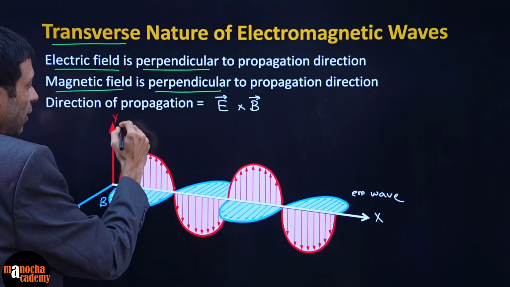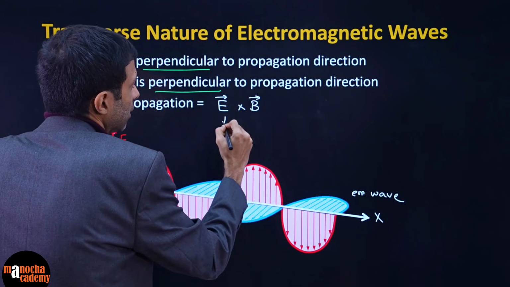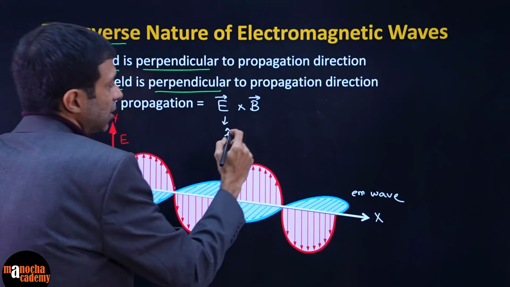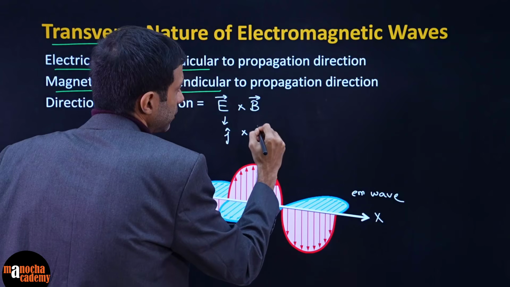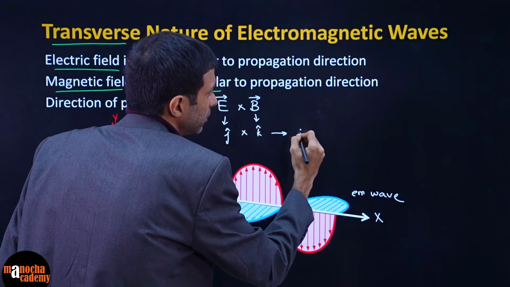So in fact you can take it like this. Our electric field is along the Y axis, so J cap. Magnetic field is along the Z axis, so K cap. And J cross K, you know, is nothing but I cap.